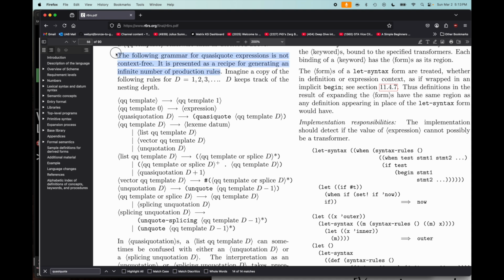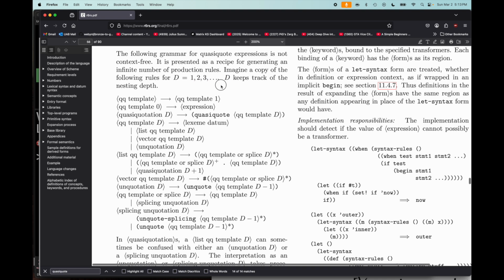Okay, as I told you, quasiquote is more complicated than you might think. Imagine a copy of the following rules for D equals 1, 2, 3, etc. D keeps track of the nesting depth. Okay, so the thing with quasiquote is you can nest these things.